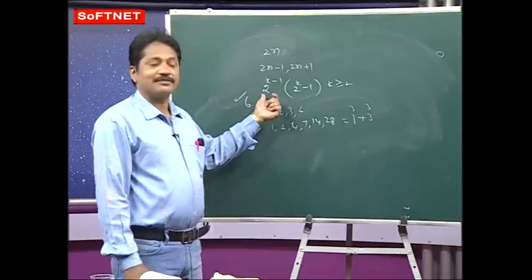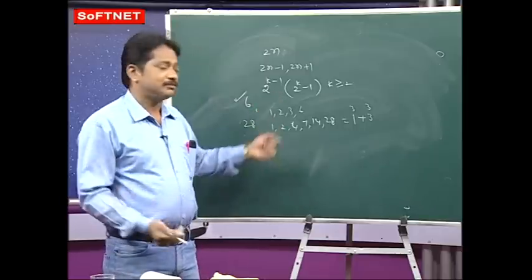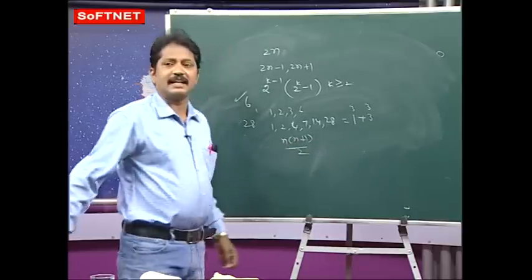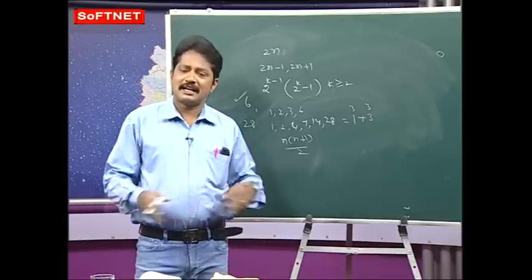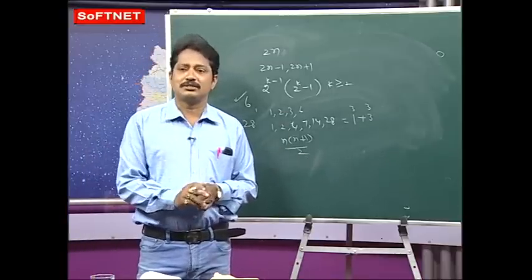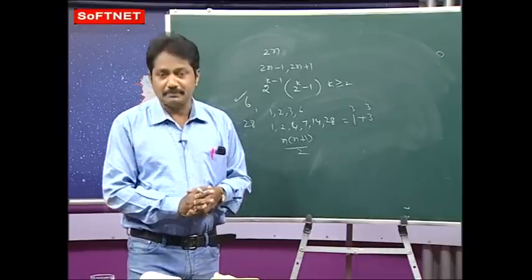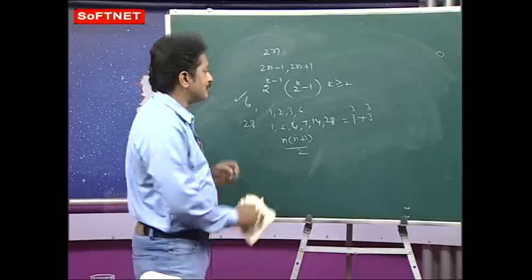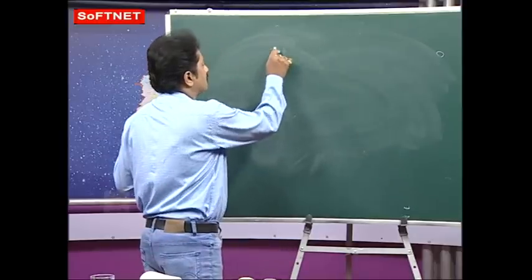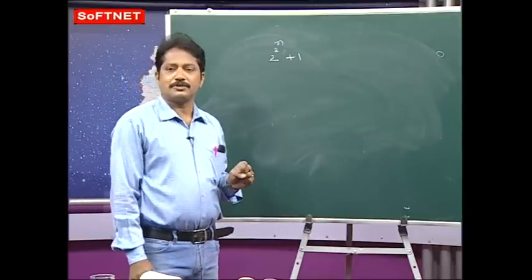So there is a formula for a perfect number. There is a formula for a triangular number, which is n times n plus 1 by 2. Like that, different kinds of numbers have a general formula. Like Fermat also tried to give a general formula for prime numbers. He gave a general formula for prime numbers as 2 to the power of 2 to the power of n, plus 1.